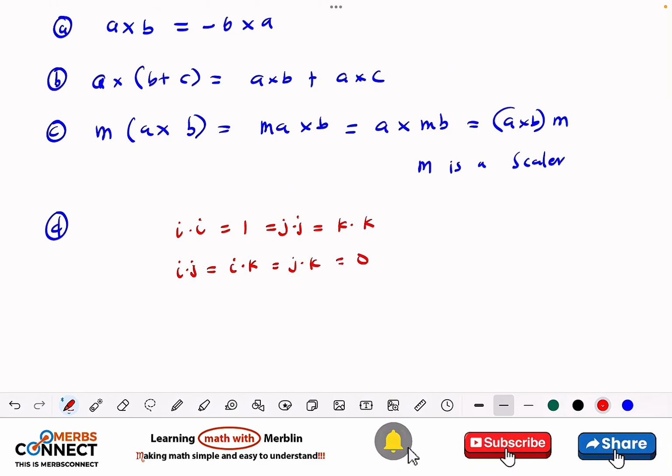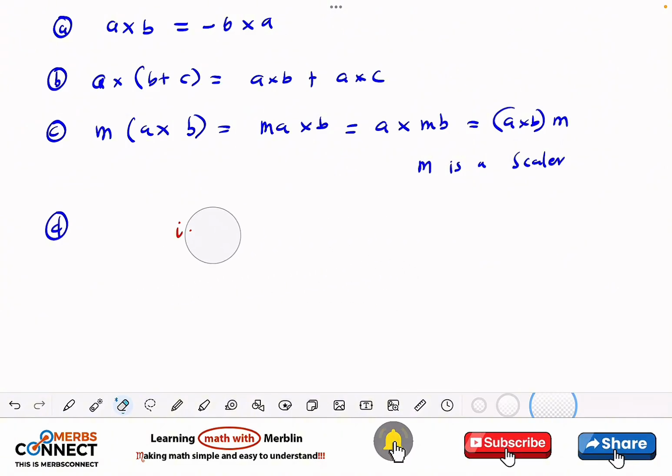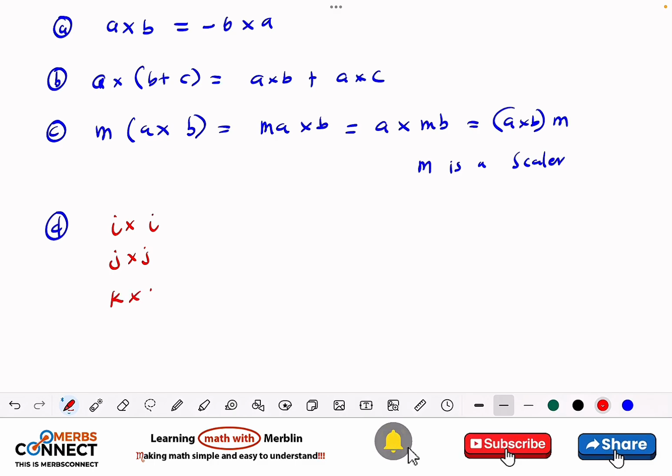Now let's see what is going to happen when we are talking about cross. So here you need to pay attention to how we are changing things with dot and cross product. Now what is I cross I, and then J cross J, and then K cross K? If this was dot product, we would say it's equal to 1.